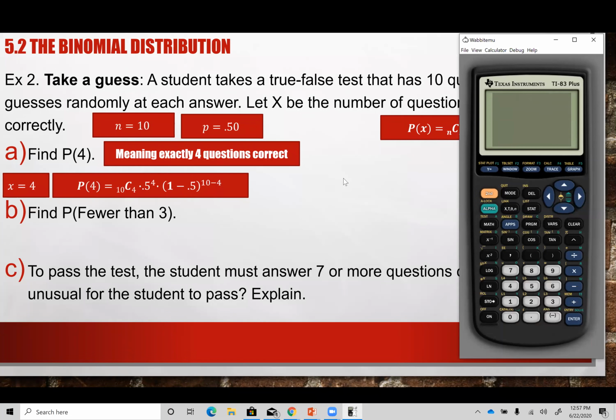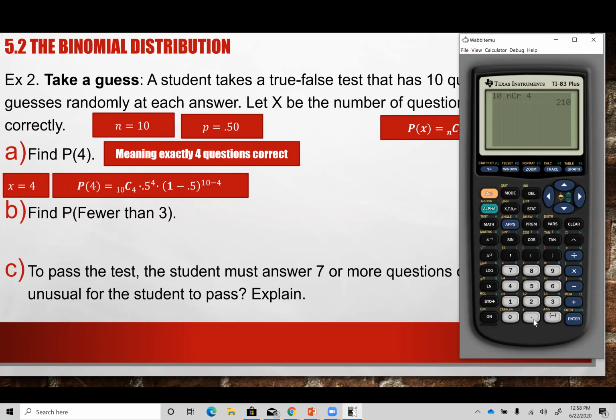Can we find 10C4? Reminder, 10C4 is a combination problem from your previous test in chapter 4. You type in 10, go over to the PRB menu, and use nCr: 10 nCr 4. Everybody see that 10C4 is 210.